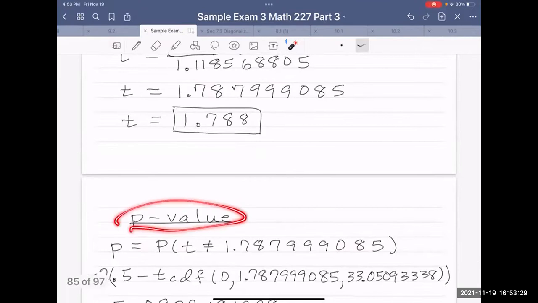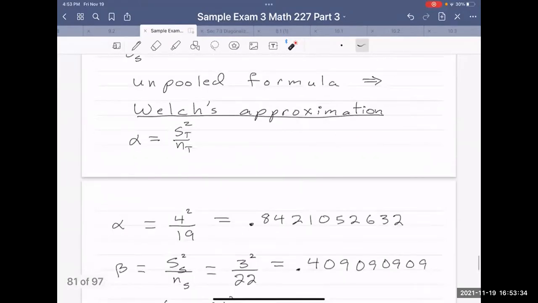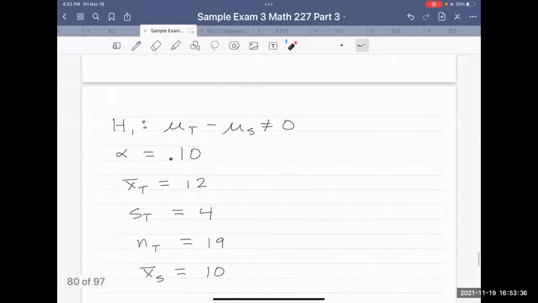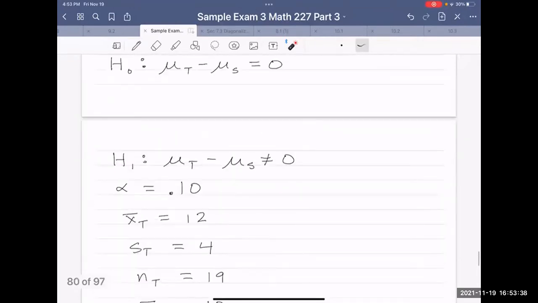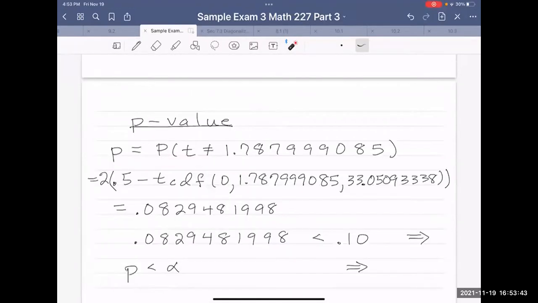So let's calculate the p-value. This is a two-tailed test. So it's the probability that T is not equal to 1.787999085. So twice the probability that t here is greater than this. Let's just double the right tail.